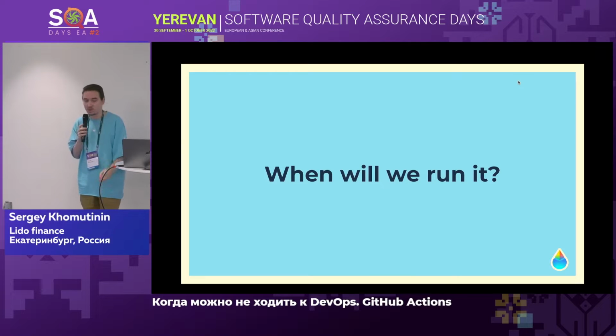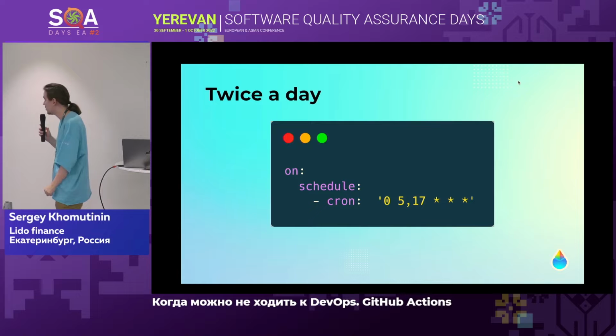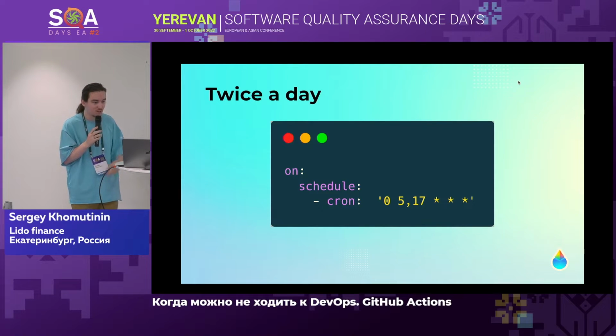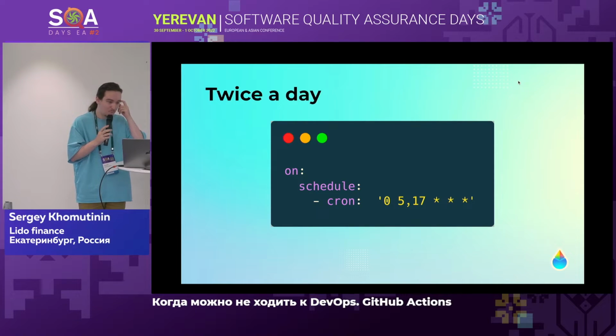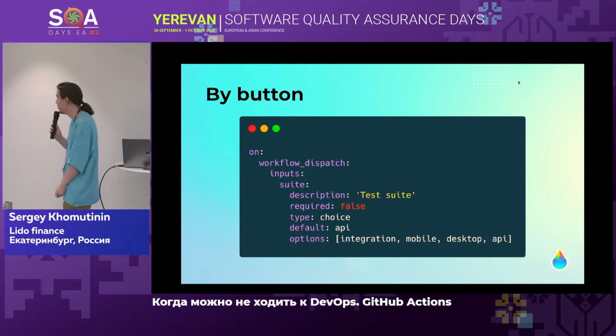Now let's talk about events that GitHub provides. So we can run our tests twice a day by requesting a run time at 5 o'clock, for example. So our tests will be run with no reporting. It'll be a job with its results in a full list.